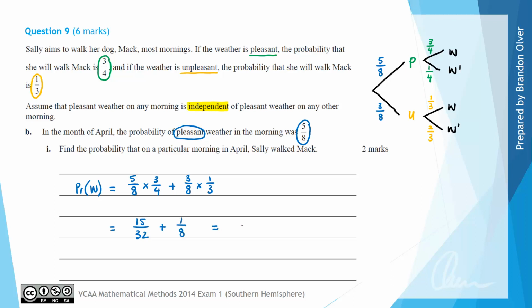Now we can rewrite that with a common denominator: 15 over 32 plus 4 over 32, which equals 19 over 32. So that is the probability that Sally walks Mac on any given morning in April.